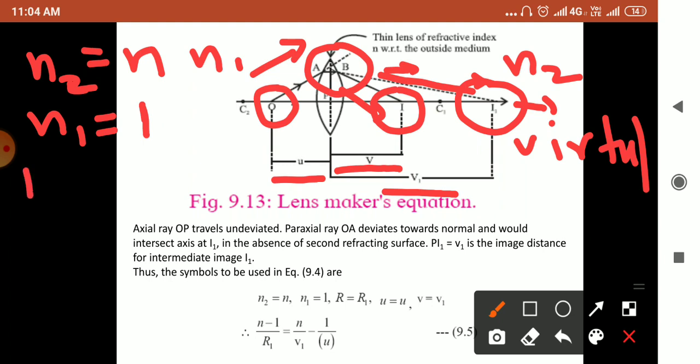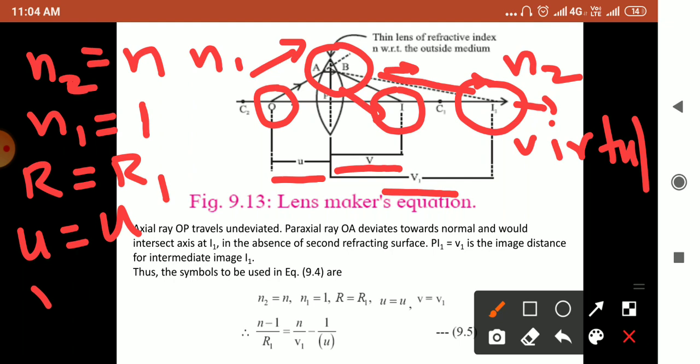Then r, that is radius of curvature for the lens, is equal to r1, and u, distance of object, is u. Distance of image formed, suppose v equal to v1.